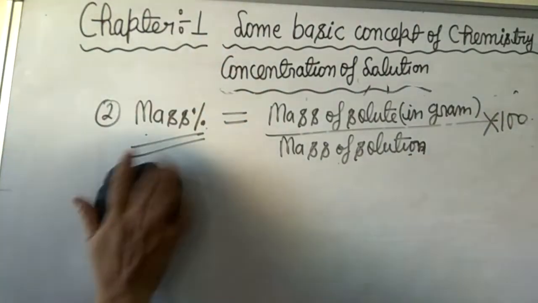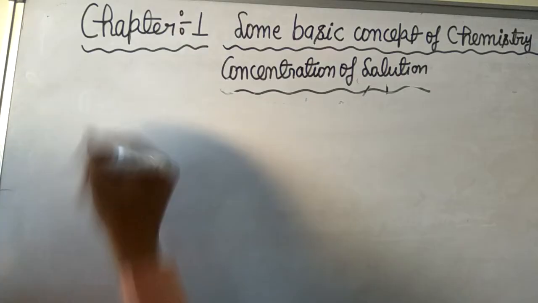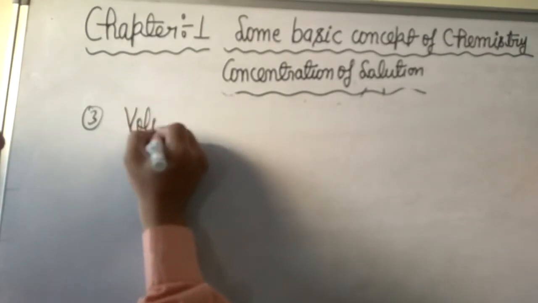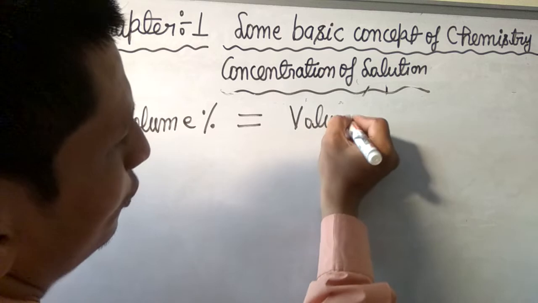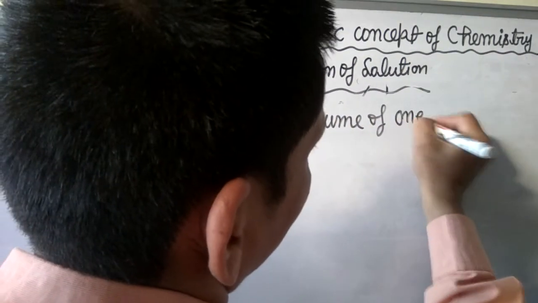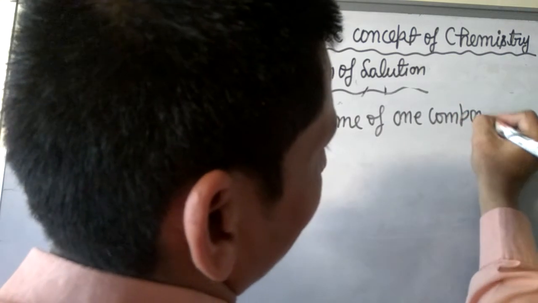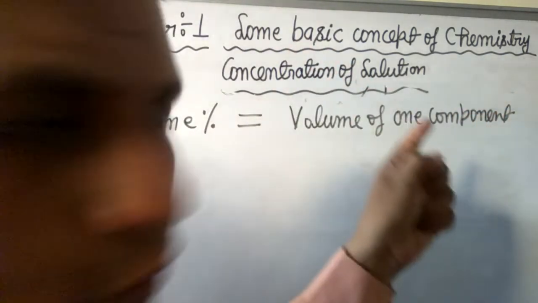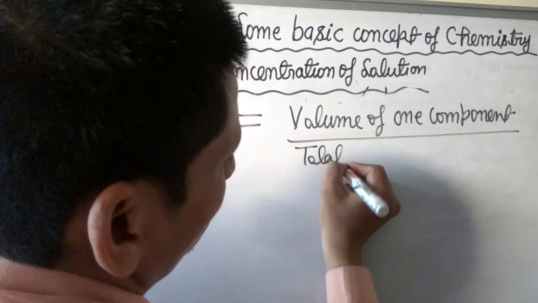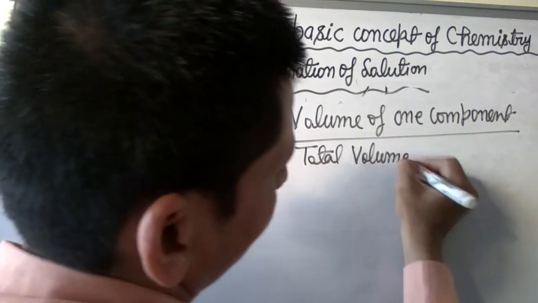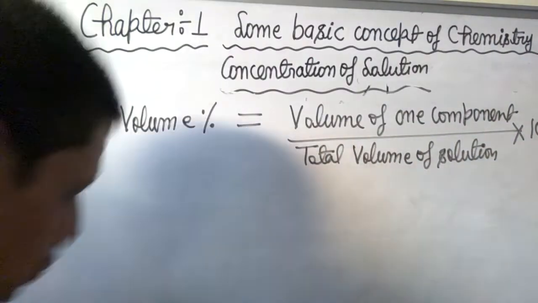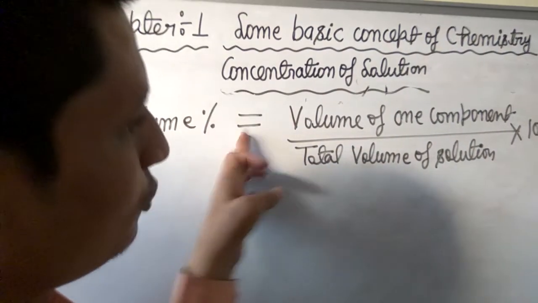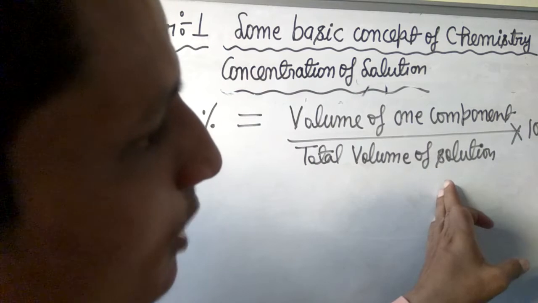Third point is volume percentage. Volume percentage is equal to volume of one component upon total volume of solution, into 100.